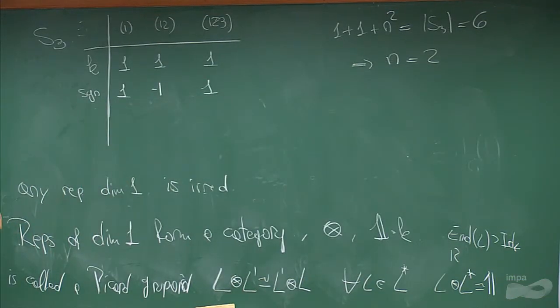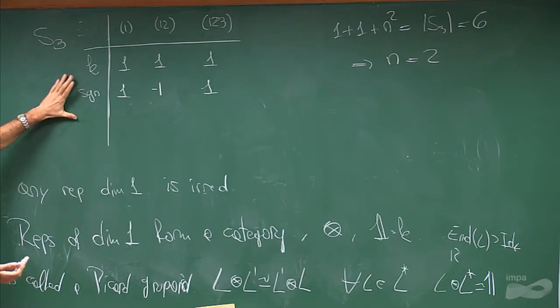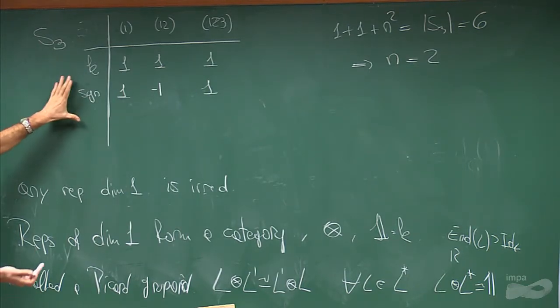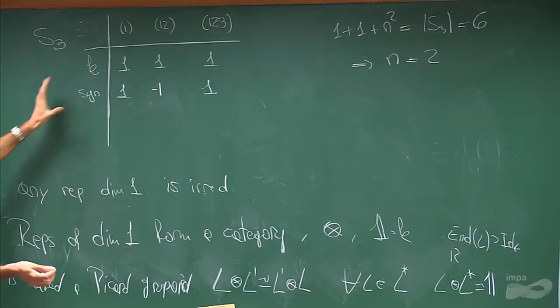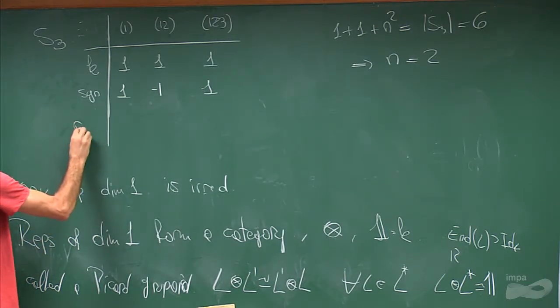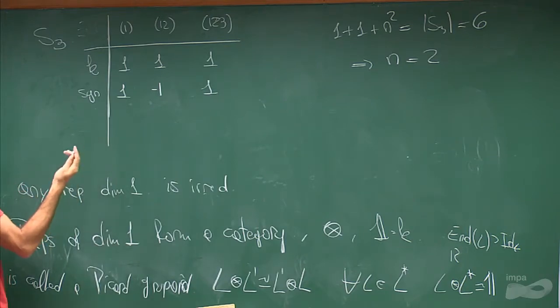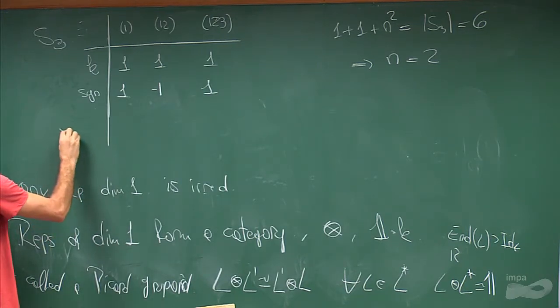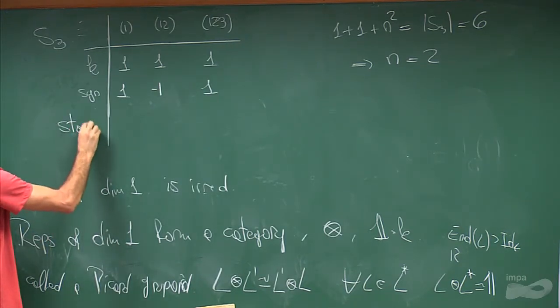So there's a 2-dimensional irreducible representation of the group S3. Every irreducible representation is in this list, and any representation of S3 is going to be a sum of these. It's missing another representation that I was going to call regular, but it's not, so I'll call it standard.